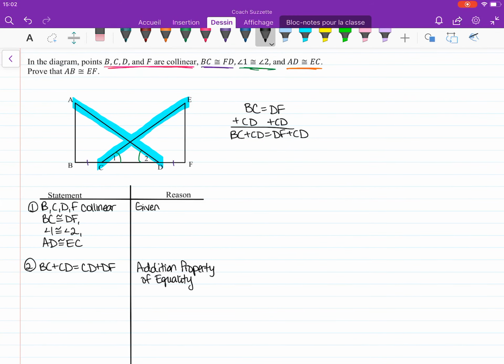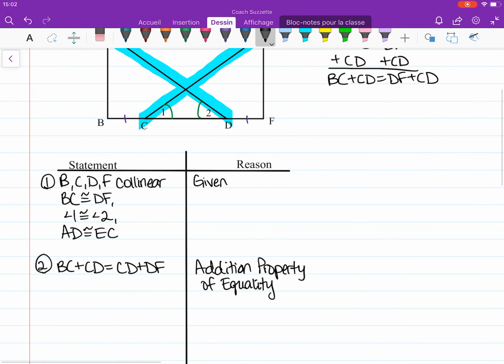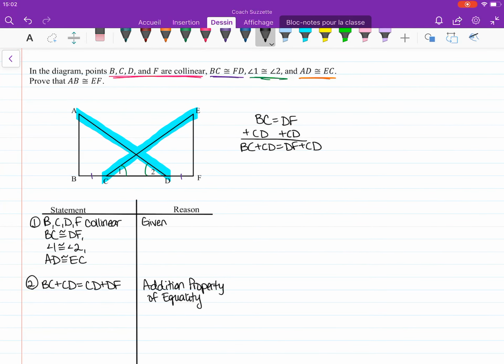Okay. So don't we have side angle side? We have this side, this angle, and this side being congruent to this side, this angle, and this side.